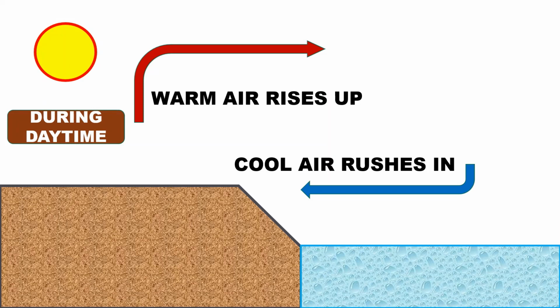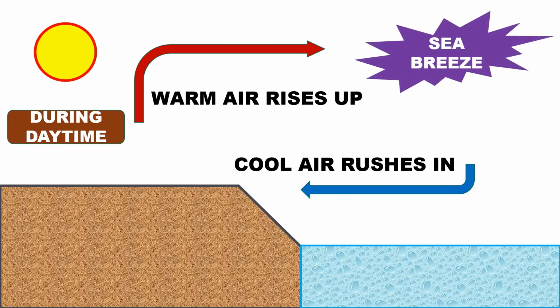This phenomenon occurring during daytime is known as sea breeze. It's also known as onshore wind. Onshore wind means this is the shore, the seaside, and the wind is blowing from the sea towards the land. Therefore, sea breeze is also known as onshore wind.